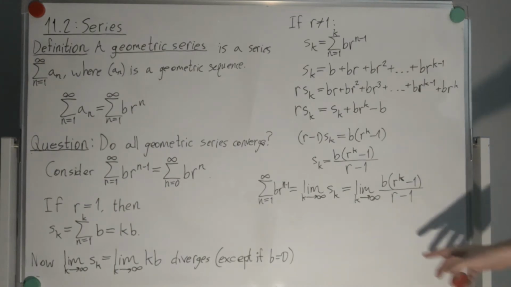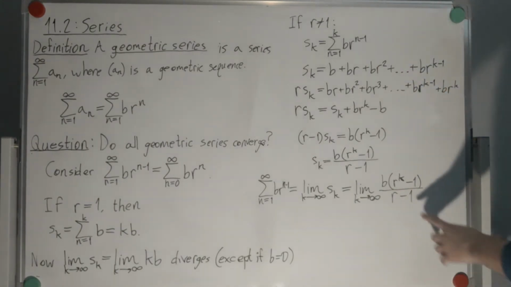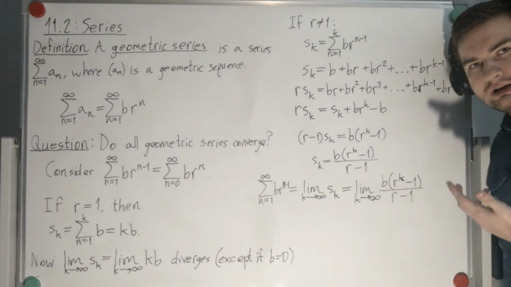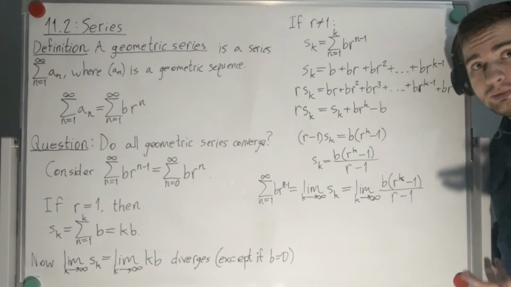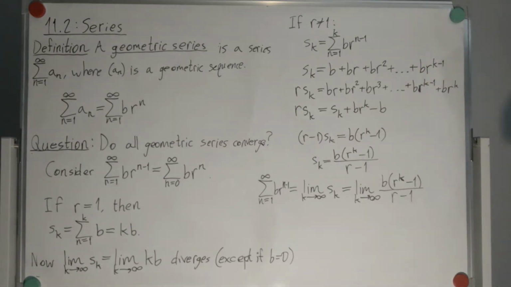But in that case, this would not approach infinity, this would approach 0. But even if it were something like 1/2, raised to an exponent that's approaching infinity is also going to approach 0. Okay? So what this converges to, or fails to converge to, will depend entirely on what r is.